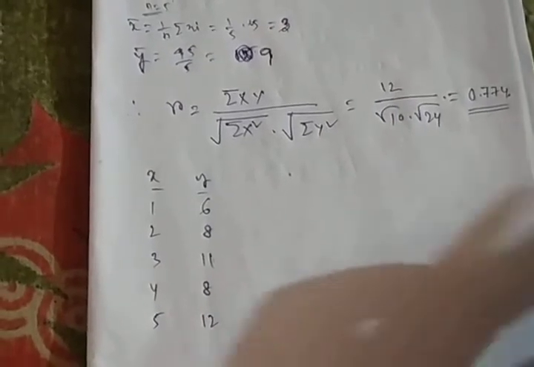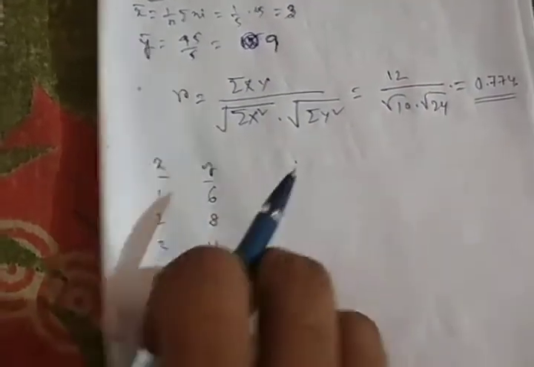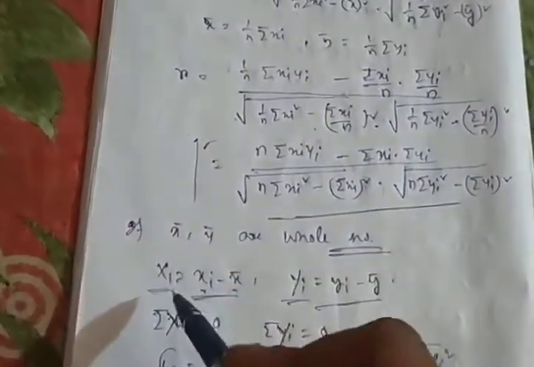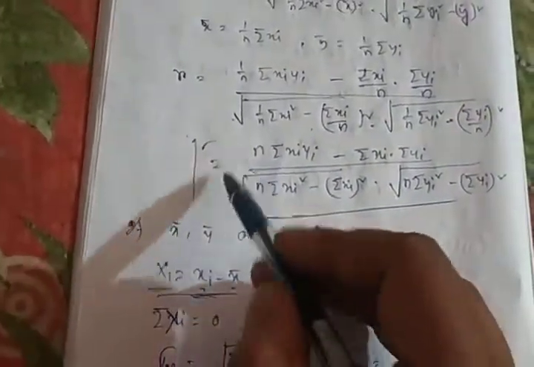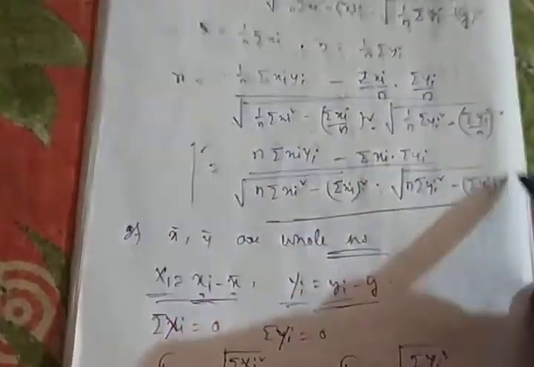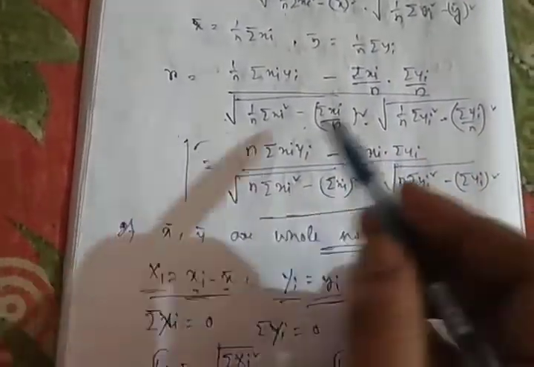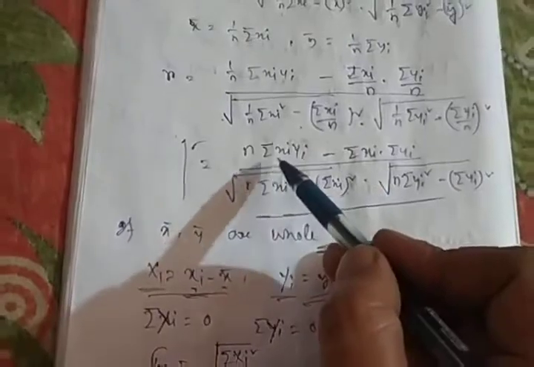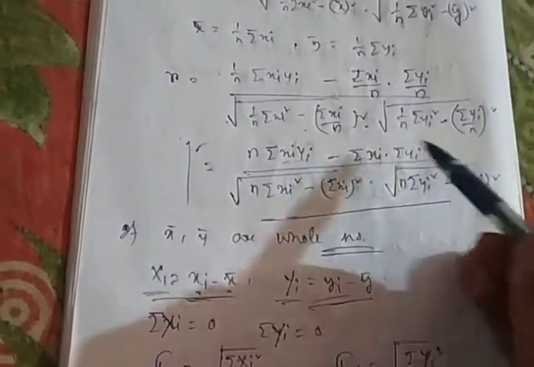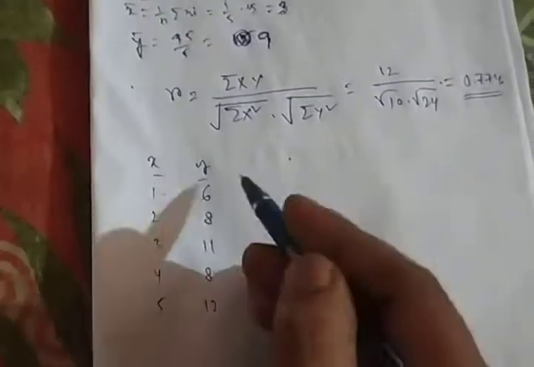When x and y are not taken in deviation form, we use this formula, for which we have to calculate summation xi yi, summation xi, summation yi, summation xi square and summation yi square. Here xy is already given.